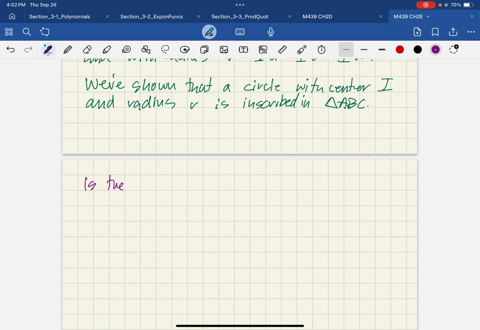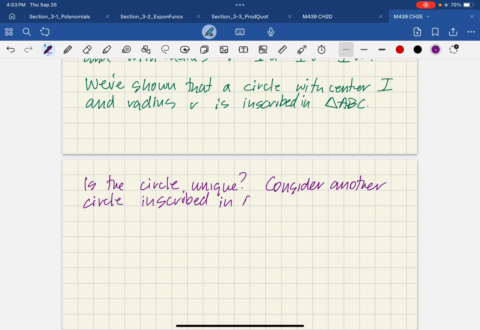Is the circle unique? Well, let's see. Let's consider another circle inscribed in triangle ABC.